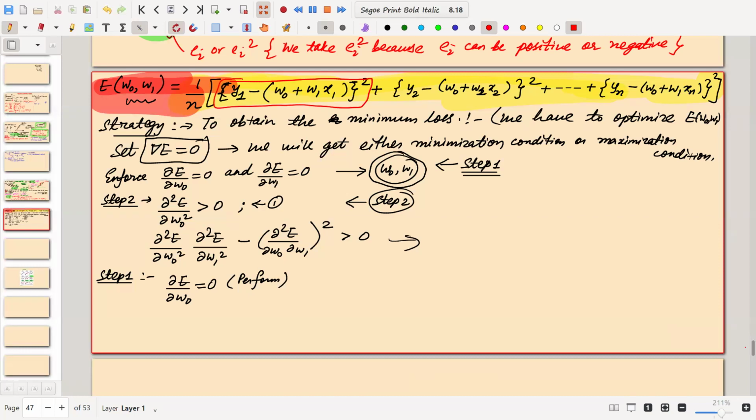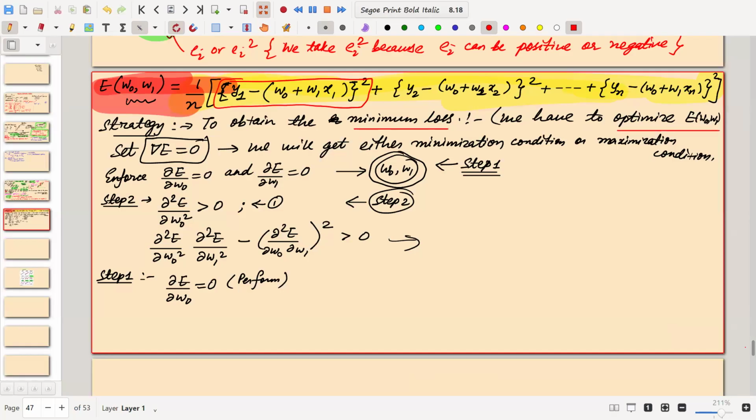That means to make the distance as small as possible, the least residual. That means to minimize E. So we have to minimize E. To obtain the minimum loss, we have to optimize E over W0 and W1.